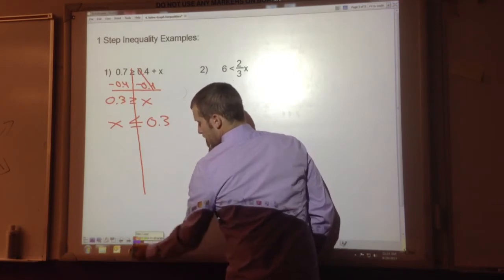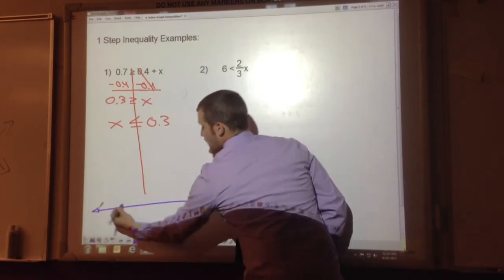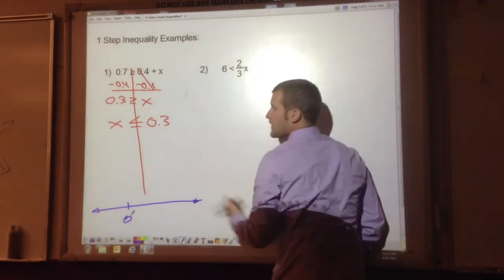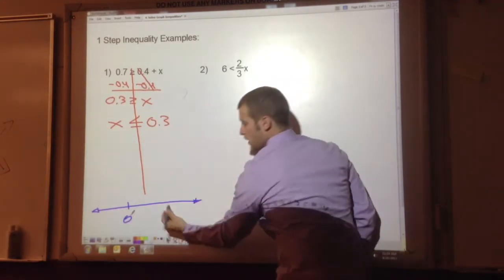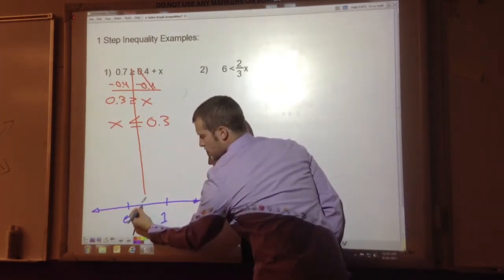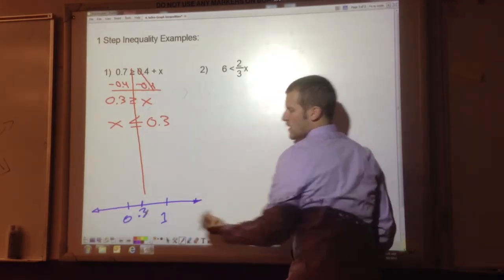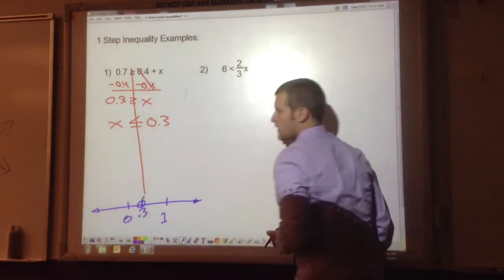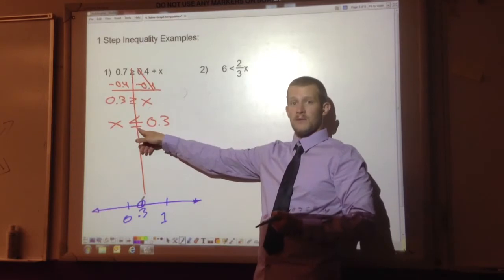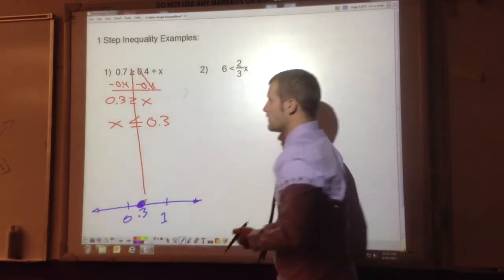Then we'll go ahead and graph the solutions on a number line. Here would be 0. 0.3 is between 0 and 1, so I'll just put 1 up here, and 0.3 is somewhere around there. So that's where I'm going to mark. I do have an equals to, so I'm going to fill this in because it is possible to equal 0.3.